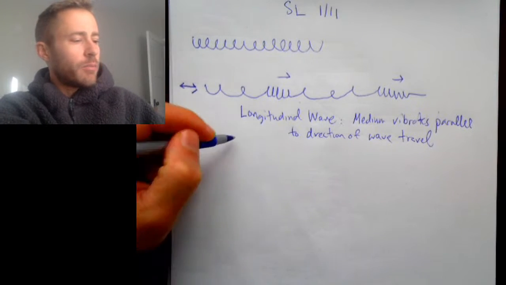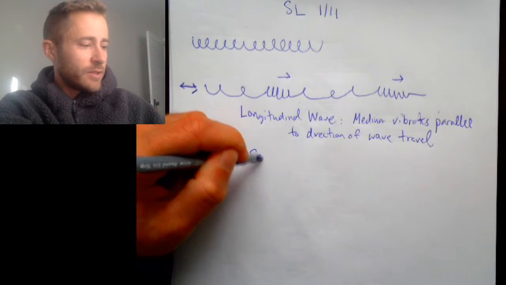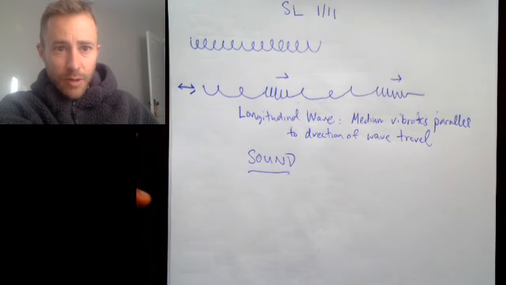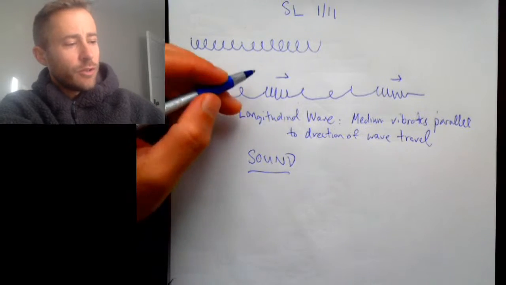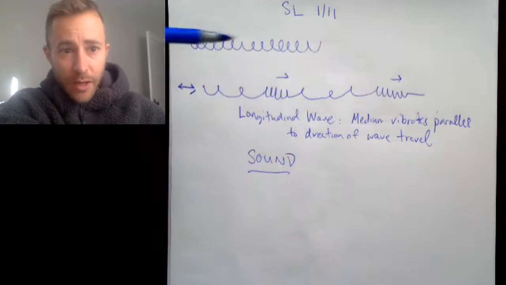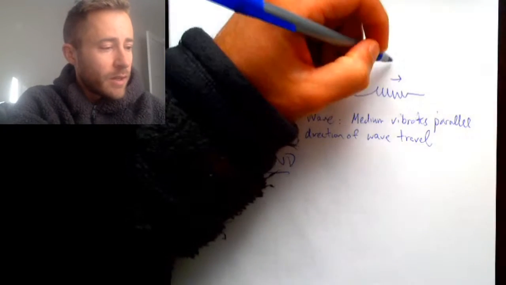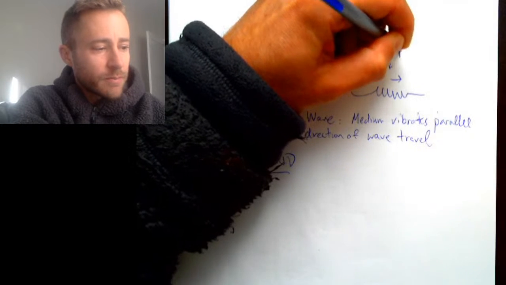A good example of a longitudinal wave is a sound wave. Sound is a longitudinal wave. Longitudinal waves have locations where the medium is squished together, and these locations are called compressions.